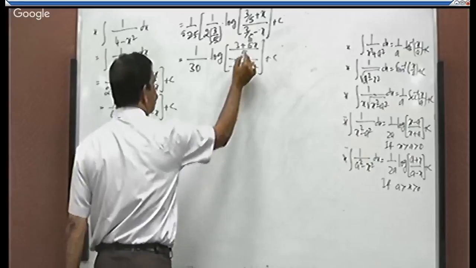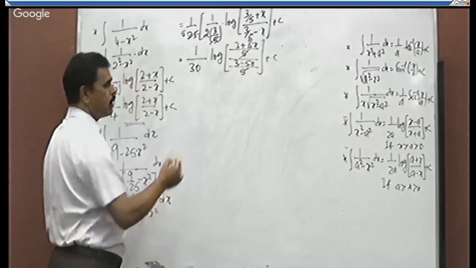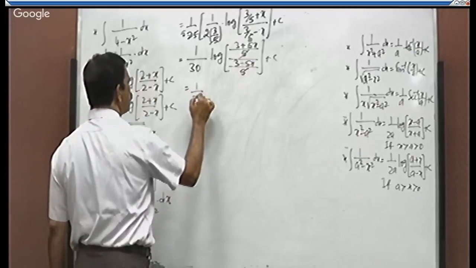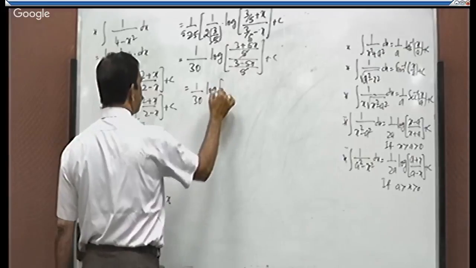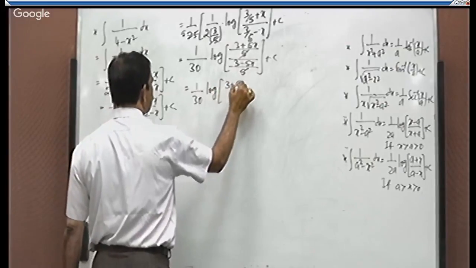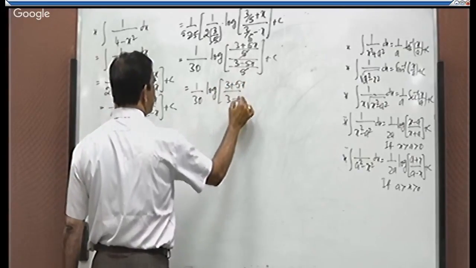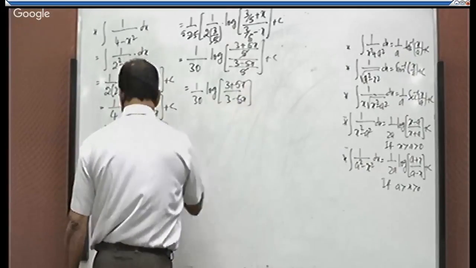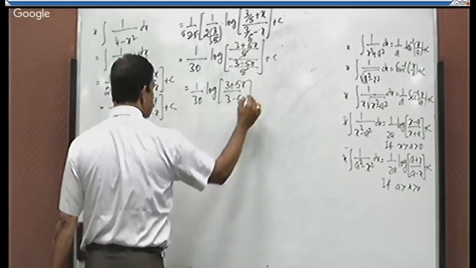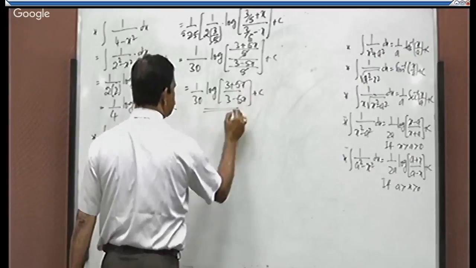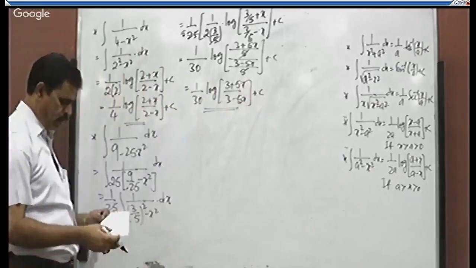The 5 gets cancelled. That is equal to 1 by 30 into log of 3 plus 5x by 3 minus 5x plus c. Right?